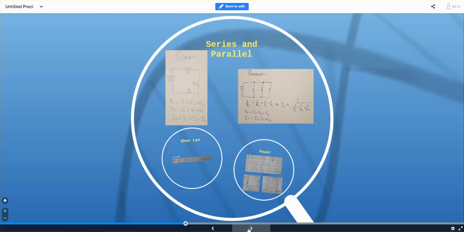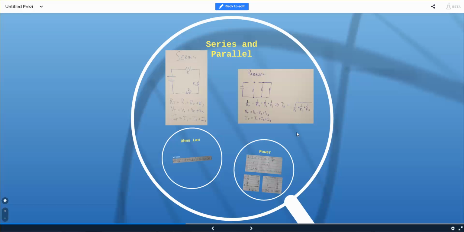Also, for series and parallel circuits, I learned that series circuits have the same amperage, voltage, and resistance all the way through, and each bulb has the same resistance, voltage, and amperage. And for parallel circuits, we learned that the equation for resistance is over here, to find the resistance for each one and the total resistance.